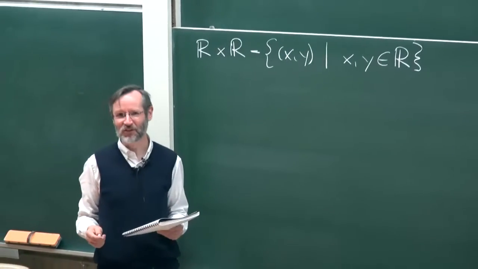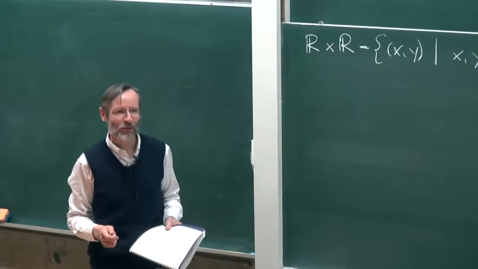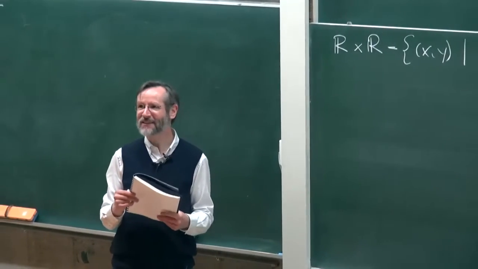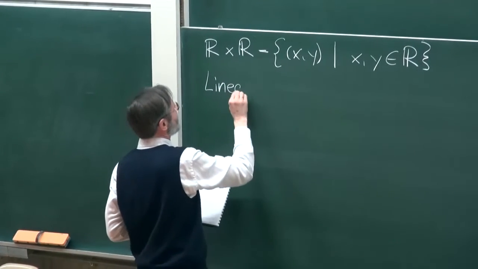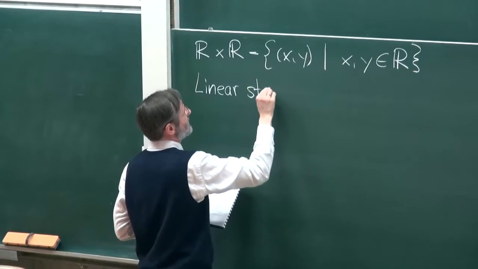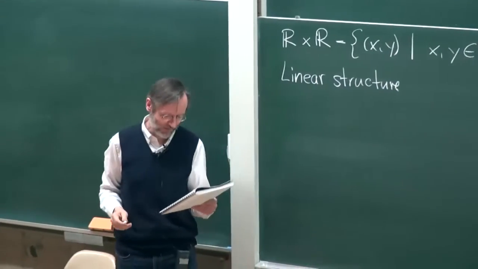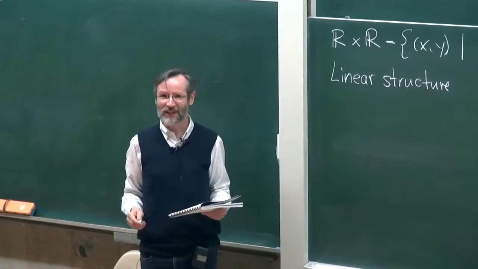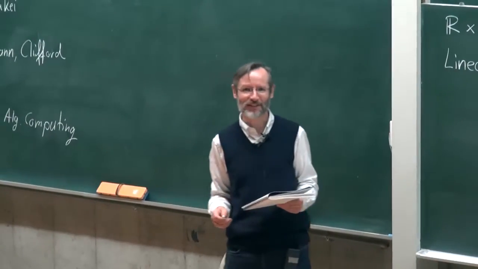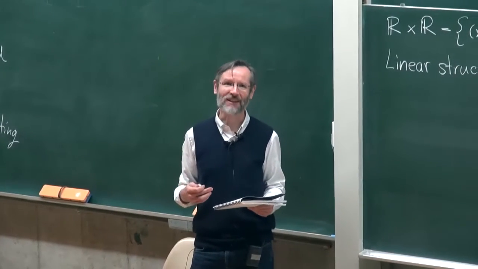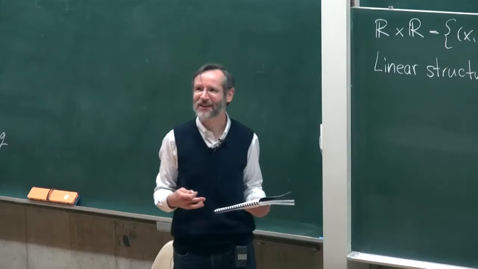And then we introduce for this pair of real numbers what's called in mathematics a linear structure. So what does that mean, to have a linear structure? It means you can add two pairs of real numbers, and you can multiply a pair of real numbers by another real number.